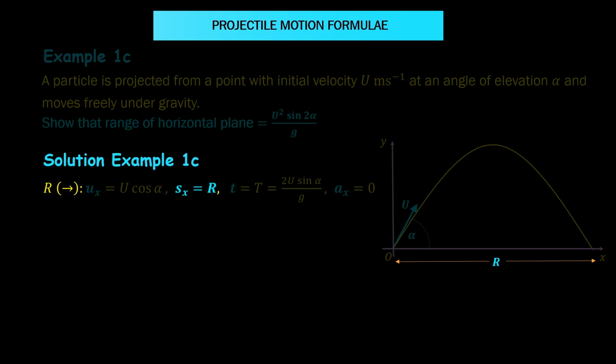S subscript x equals r, the range. T equals 2u sine alpha over g from part A. And the horizontal acceleration, ax, equals 0.